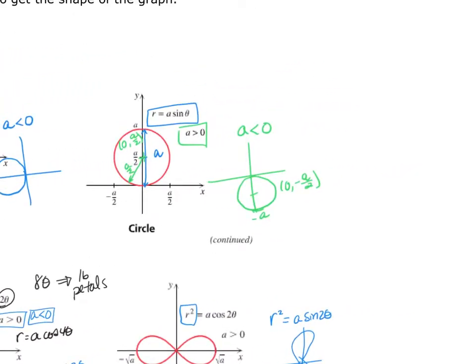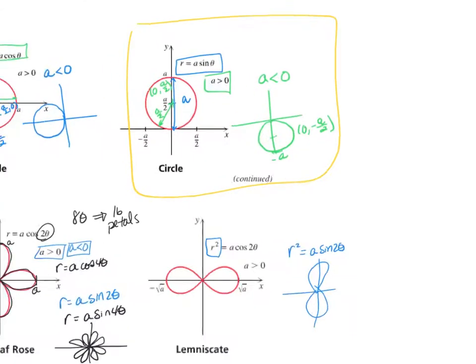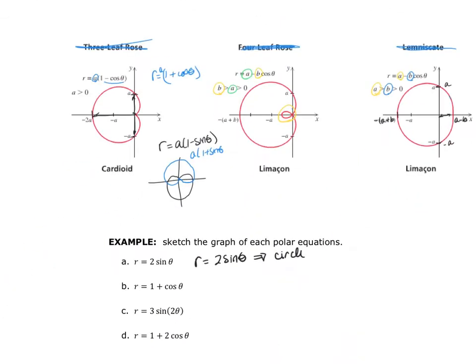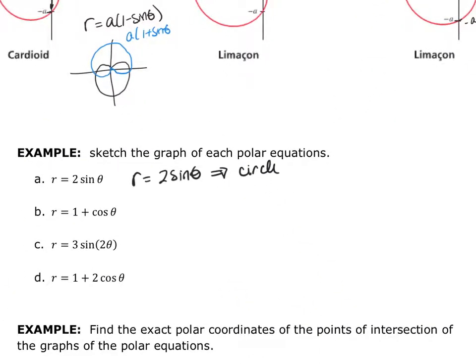It actually matches this equation type right here. So this is going to be a circle in which my radius is going to be half of A, where this is A. So my radius is going to be 1, and I know from the origin to the other side is 2.